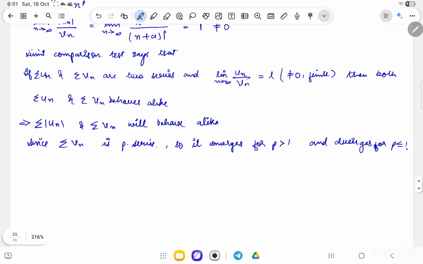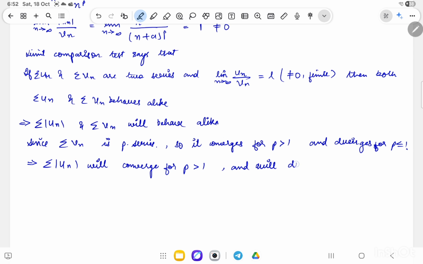Since vn and modulus of un behave alike, from here we can conclude that summation of mod un will converge for p greater than 1 and it will diverge for p less than or equal to 1.